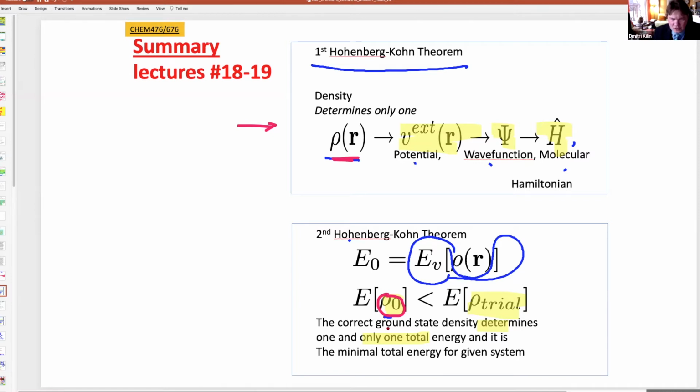So if we know this ground state density, it determines the minimal, absolutely correct total energy of the system. And if we modify the density, if we perturb it in comparison to the ground state density, then the energy will become bigger than the ground state.